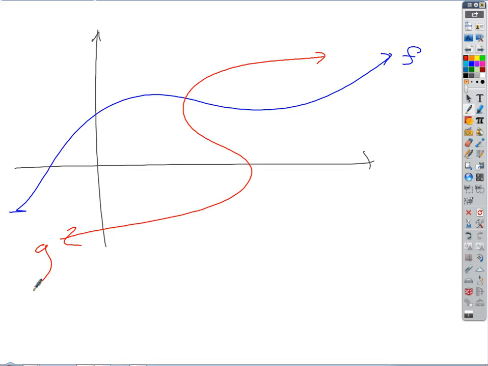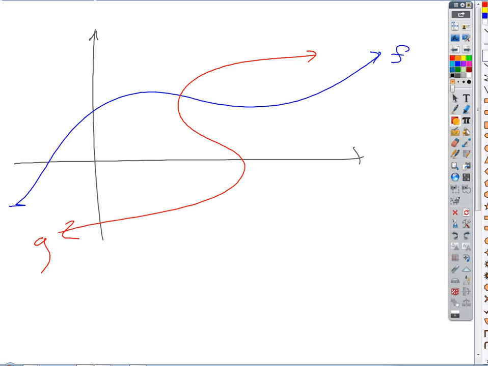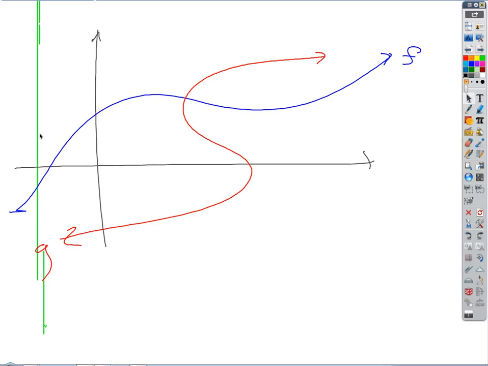And the reason is that if I drag this vertical line across the board, it will only ever intersect the blue graph in one place, right?